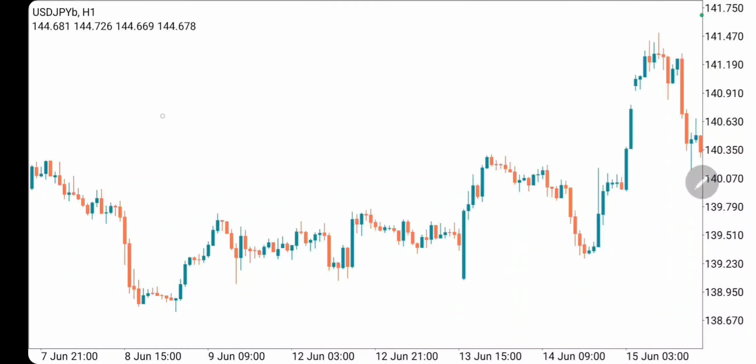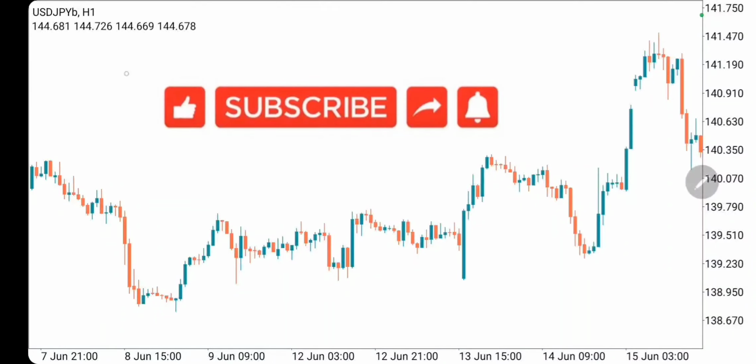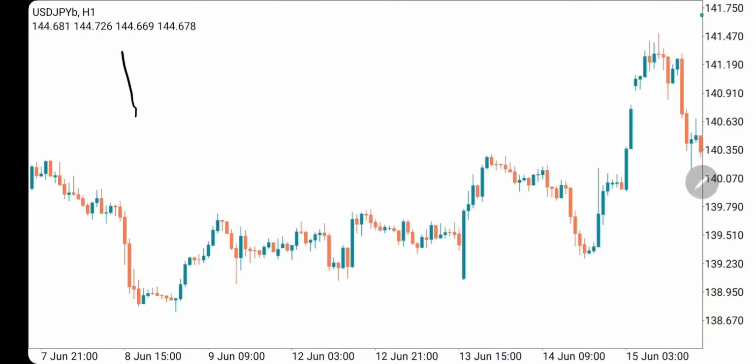Now, for the range liquidity, the price could be going in a range like this, and retail traders might place their stop loss right here, expecting price to sell further.